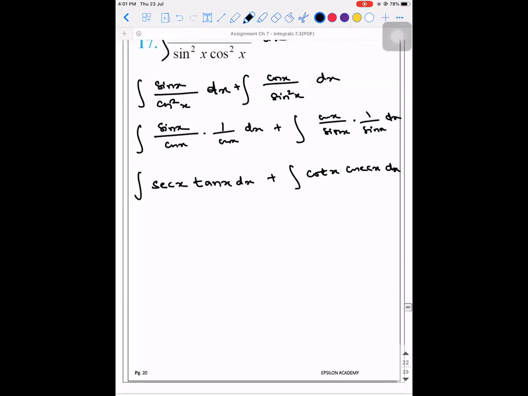You directly have the integrals. Integral of which function is secant x tan x? Secant x. Integral of which function is cot x into cosecant x? Minus cosecant x. So secant x minus cosecant x plus c is the answer.